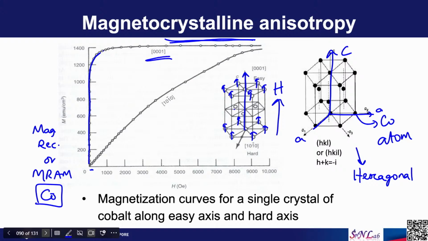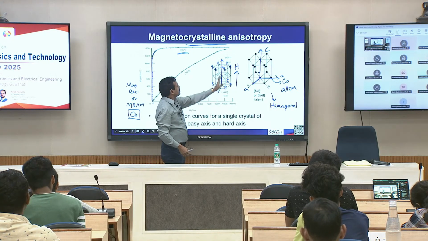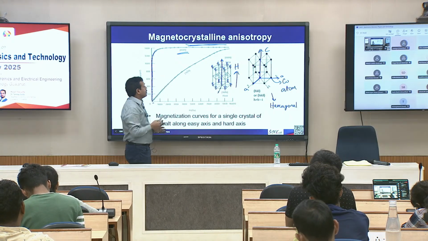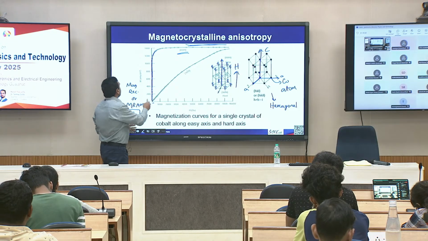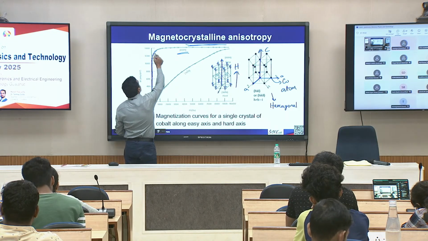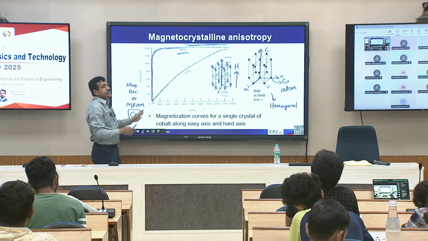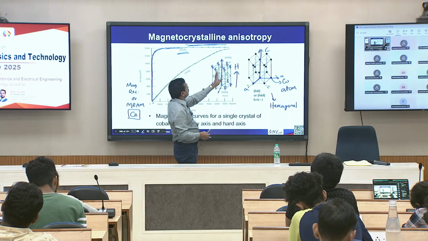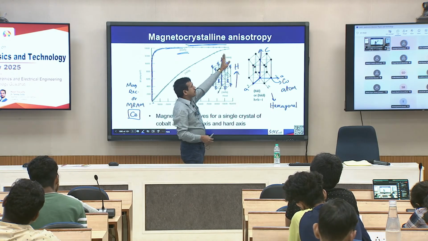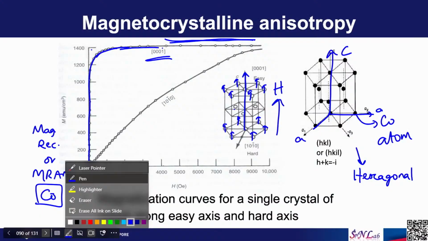In experimental results, in this sample, maybe some of the cobalt atoms are not in this direction, there may be some difference in the sample condition, imperfections. Because of that you need a certain magnetic field to reach the saturation value. Otherwise, theoretically, if you do not apply any magnetic field, all these magnetizations are already pointing in this direction, you will need almost 0 field to reach this saturation.